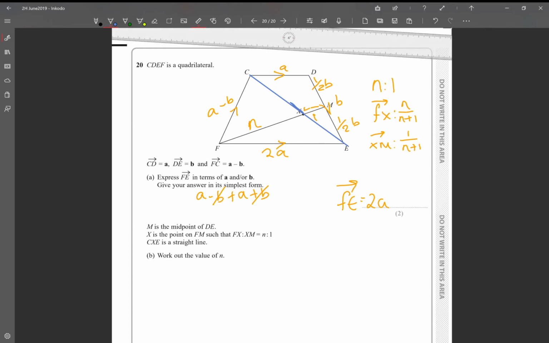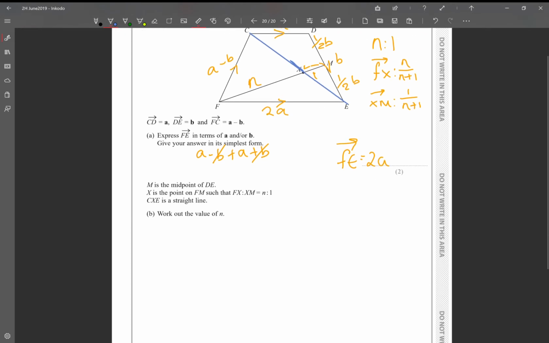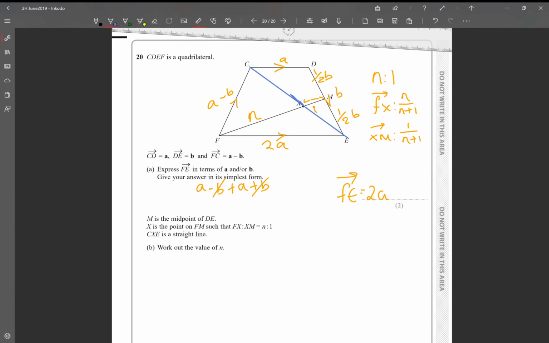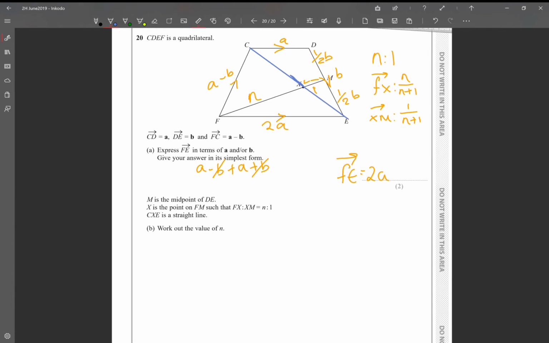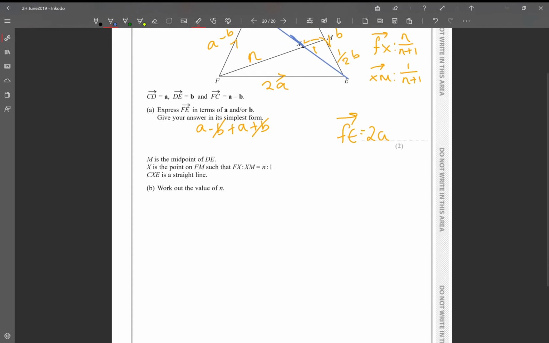That should help us. C to X and X to E and C to E are all going to be the same multiple because they are parallel. It's a parallel line because it is a straight line. So work out the value of n.